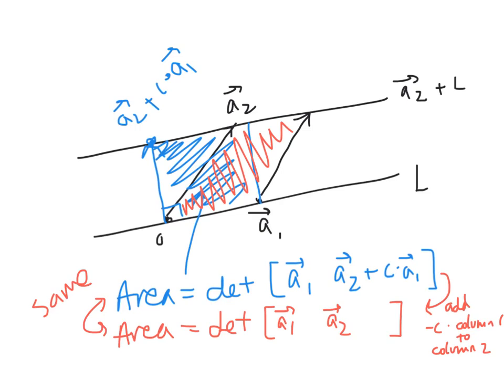And this does not change the determinant. We learned this a couple of classes ago when we learned about how basic row or column operations affect the determinant.